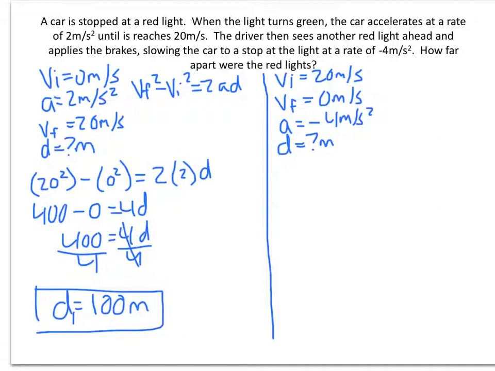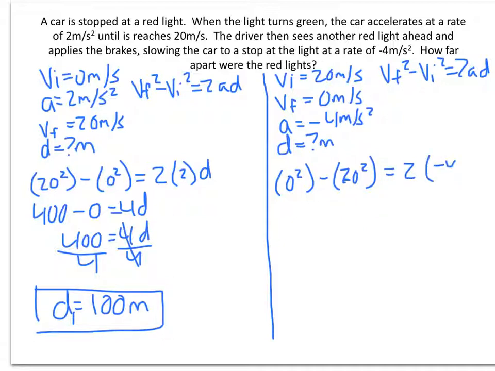My second one, I'm going to use the same formula. Vf squared minus Vi squared equals 2AD. And I'm going to plug in these variables. Now, I've got to remember, I've got a final velocity now of 0 squared minus an initial of 20 squared. Like the last problem, this is where it's important that that negative stays in there. Equals 2, a negative 4 acceleration, and a displacement of d.